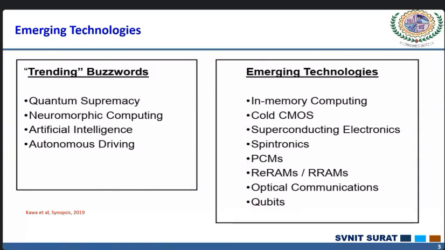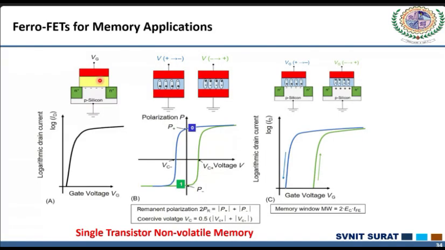So let us start with the emerging technologies. You can see here some of the trending buzzwords nowadays, which are quantum supremacy, neuromorphic computing, artificial intelligence, and autonomous driving. You might be aware of the term quantum supremacy, that the calculation which is done by a normal computer in days or months can be done much faster. Now look at this PV curve, polarization versus voltage curve.